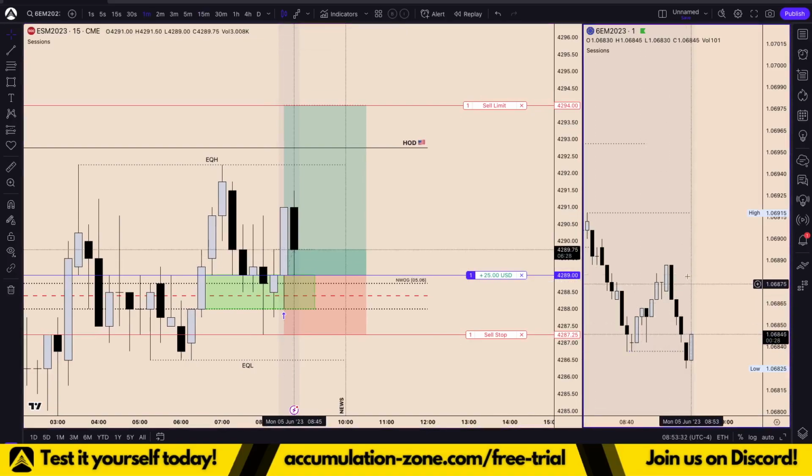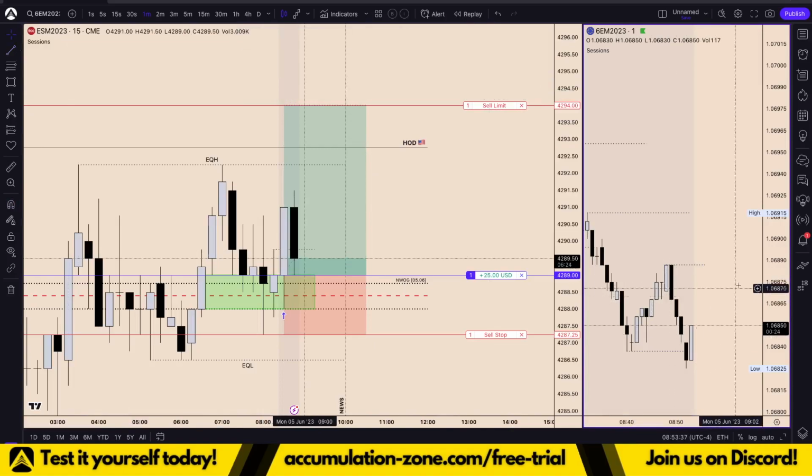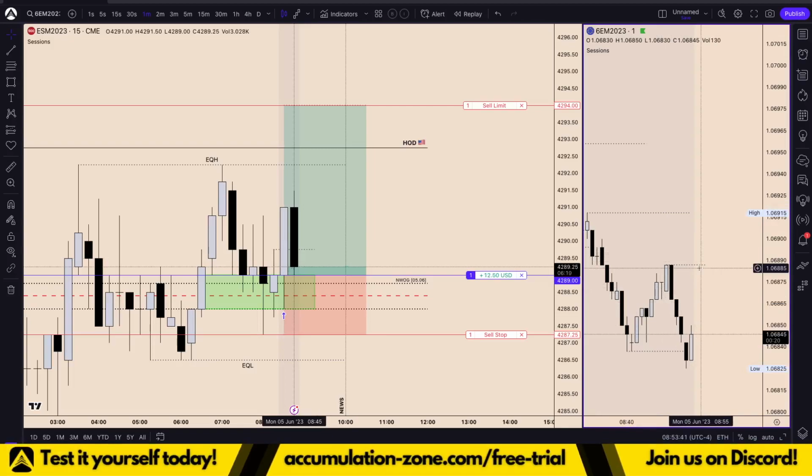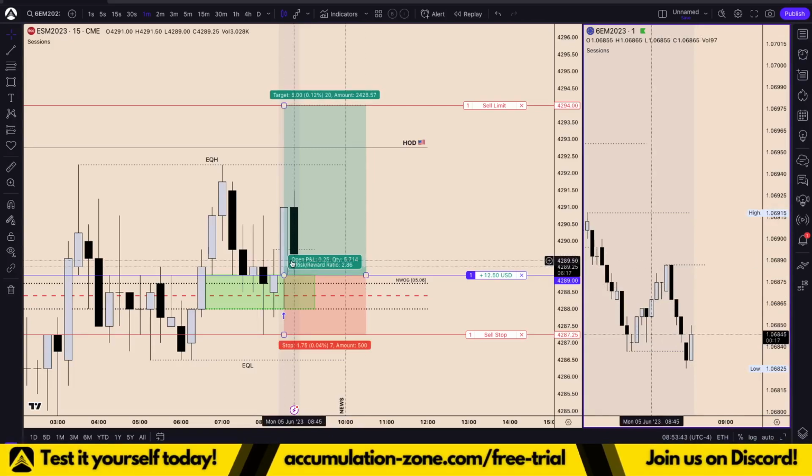Alright, so we formed a new lower low, making this our most recent lower high that we would like to see being broken before we get a potential reversal setup here on EU.